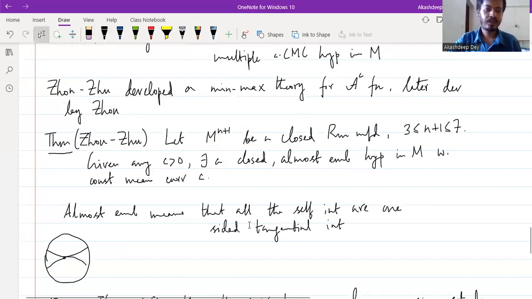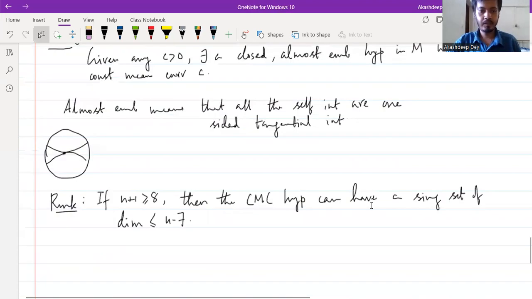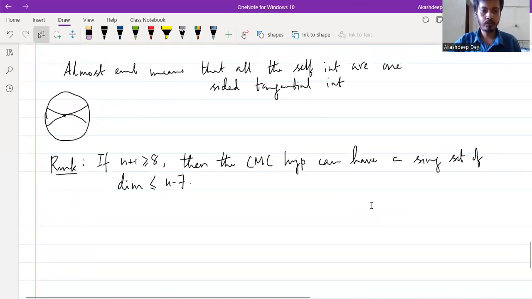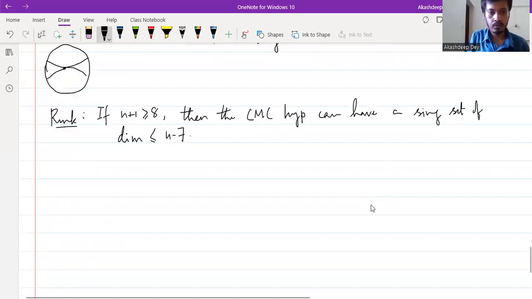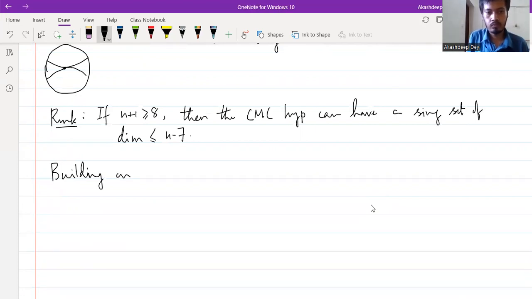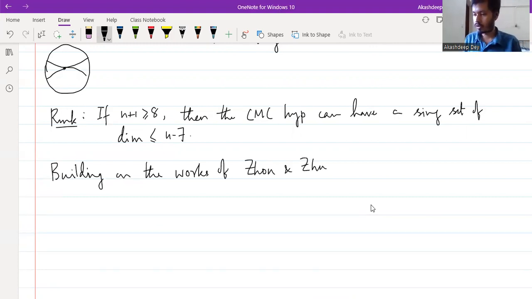Okay, so this theorem guarantees the existence of at least one closed CCMC hypersurface in M for any c, and then building on the works of Zhou and Zhu, I prove the following theorem.